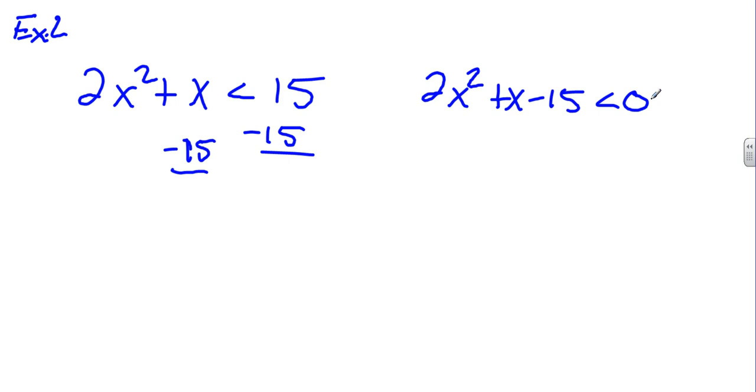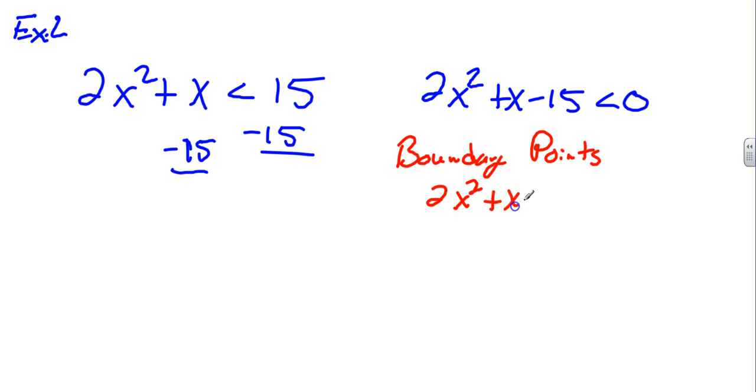Okay, so from there, again, you're back to factoring on this one. Now, because the first number is 2, again, to get the boundary points, we're going to ignore the less than for a minute and just do it as an equation.